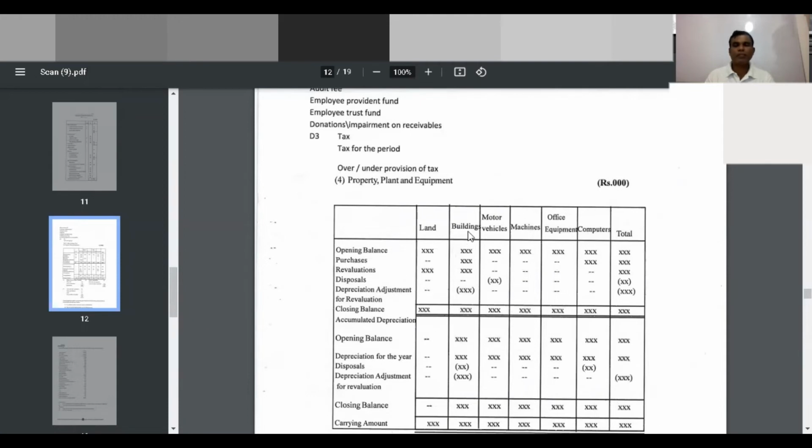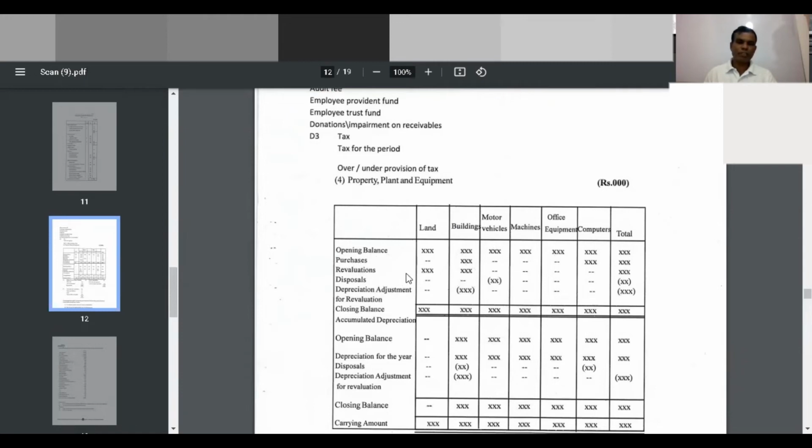Here you see, a separate detailed table should be prepared. Now, all the property, plant and equipment components should be separated, taken as land, building, motor vehicle, machine, office equipment, computer, and any other property, plant should be taken. Here, opening balances, if there are opening balances, and if there are purchases during the period, it should be added.